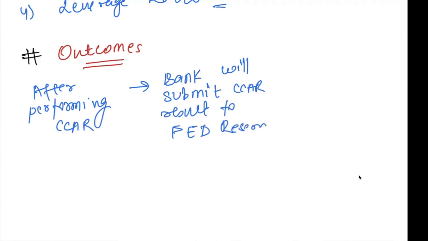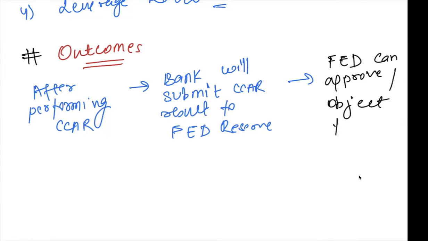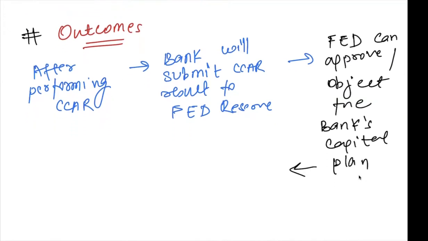The Fed can approve or it can object to the bank's capital plan. So if in case they object, the bank has to revise their capital plan again.